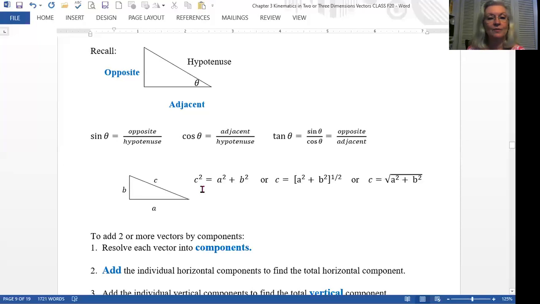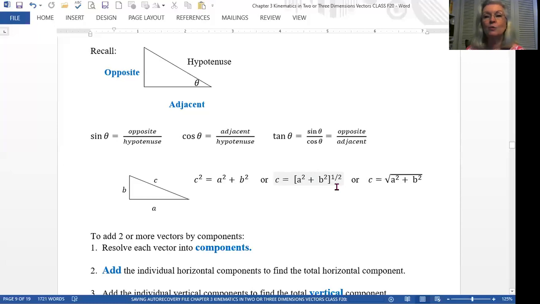If c squared is equal to a squared plus b squared, then c is equal to the square root of that. Now, most of you are accustomed to writing the square root with the radical sign. But in physics, a lot of times we take what you would stick inside the radical, so a squared plus b squared, put it in parentheses or brackets, and raise it to the 1/2 power.